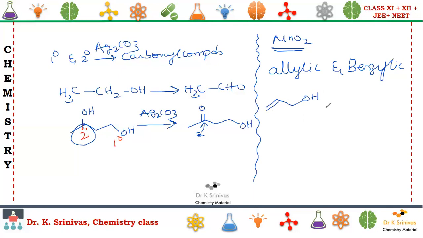Allylic means, I tell you, if you are unable to understand allylic, just write down the capital letter A, one, two, three lines. So accordingly, three carbons. Whenever you are having three carbons with one double bond, that is allylic. On reaction with MnO2, it is converted into aldehyde.